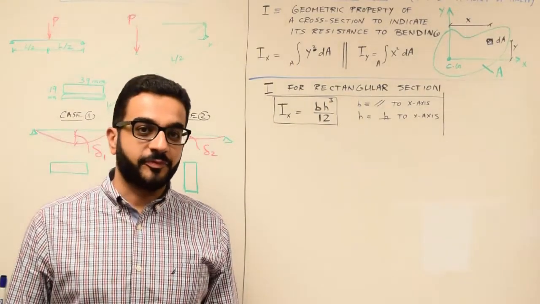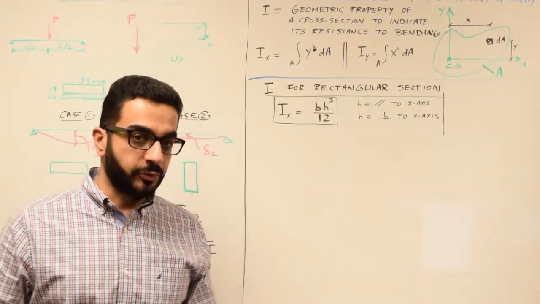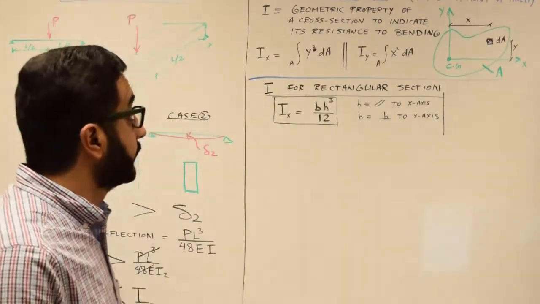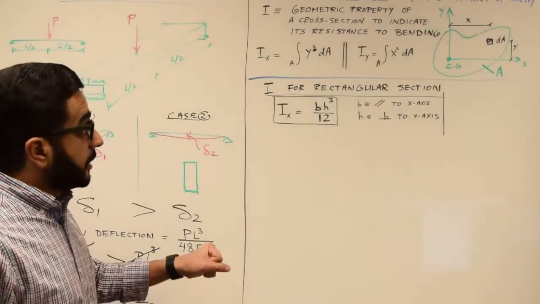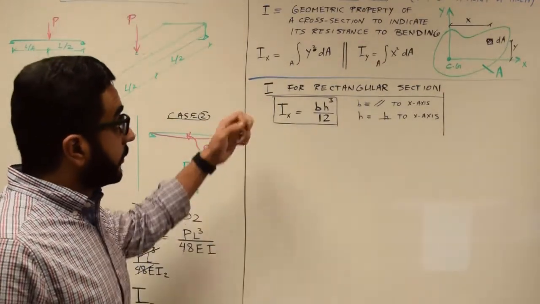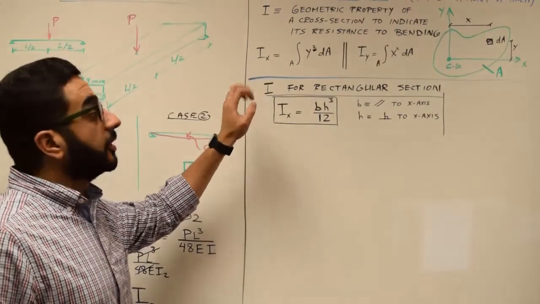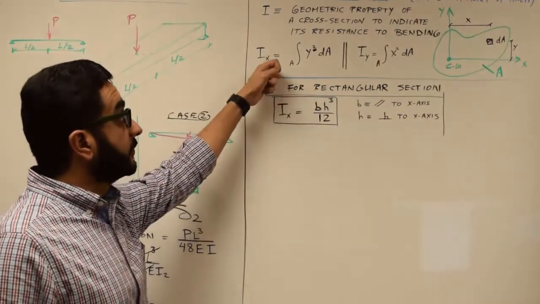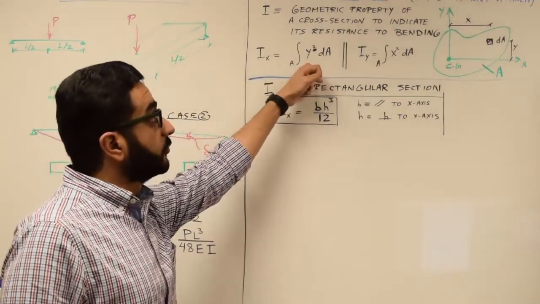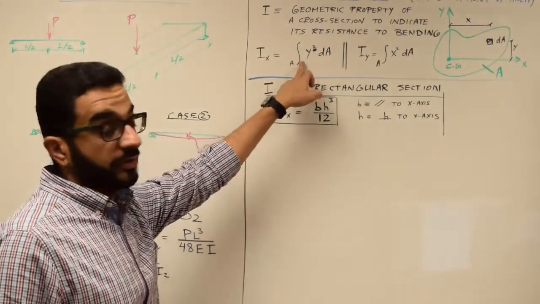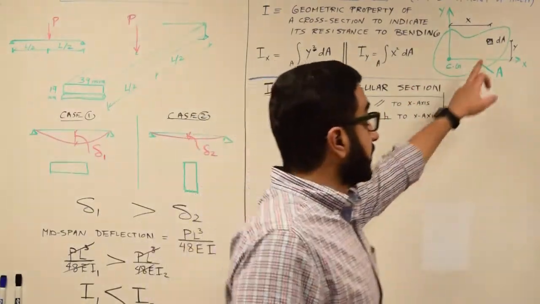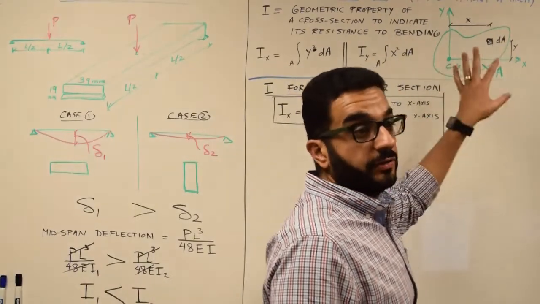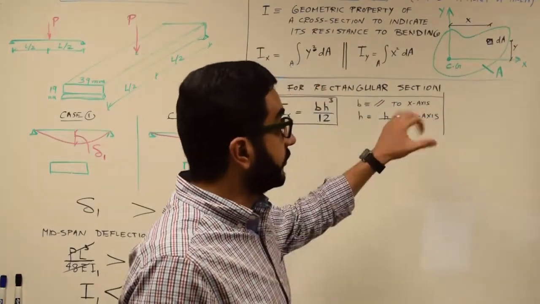Welcome back. So continuing with this concept of moment of inertia, we learned how to calculate it theoretically as dA times y squared if you're dealing with Ix, doing the integration over this whole area, where dA is a small area of it, so you do the integration to cover this whole cross section.